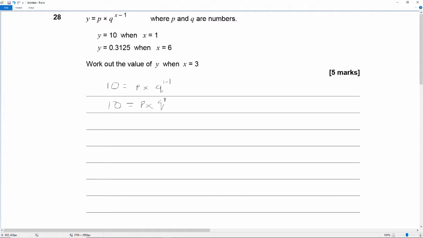Well, anything raised to the power 0 is 1. So 10 is equal to p times 1. So therefore 10 is equal to p. So p is equal to 10.